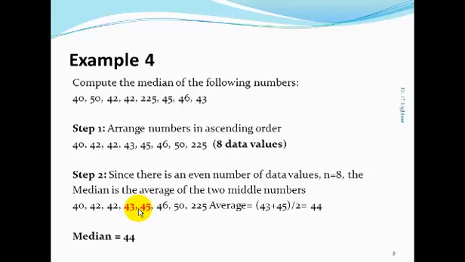We have 3 numbers that are either that number or smaller, and we also have 3 numbers that are either those values or larger. Therefore, since 43 and 45 are our middle numbers, we know that our median is the average of the 2 middle numbers. This average is 44. Therefore, our median value is 44.